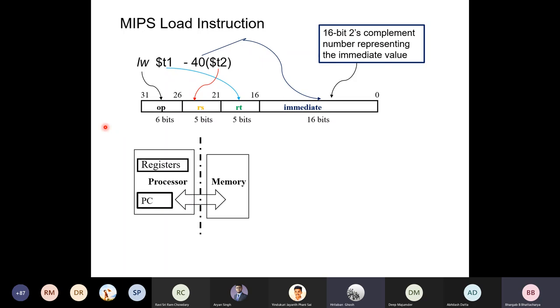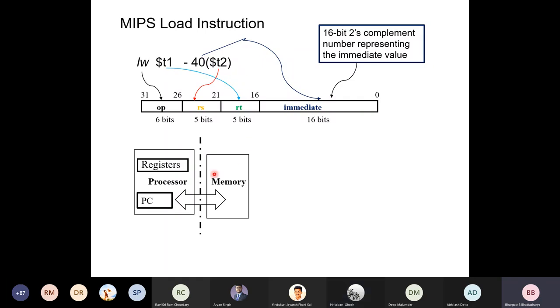But yes, you said correctly, but there is one small issue. Remember that the program counter always points to the address of an instruction, not data. Okay. So when you want to fetch data from memory, after you compute T2 minus 40, that is the address of the memory location from which the data has to be fetched, right?